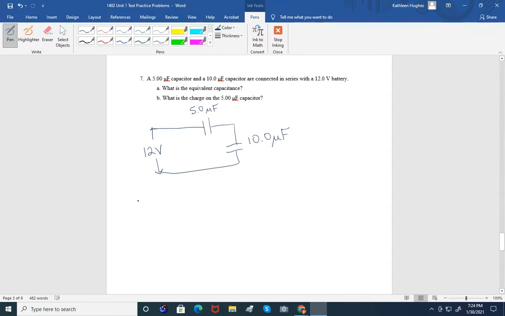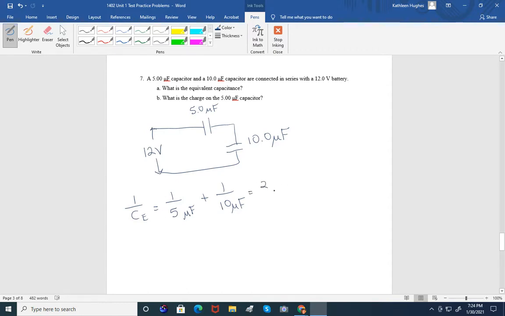Equivalent capacitance in series is 1 over equivalent capacitance equals 1 over the first. I'm going to leave it in microfarads because I'll just get my answer in microfarads. Plus 1 over 10. If we want to show off our use of fractions, the common denominator here would be 10.